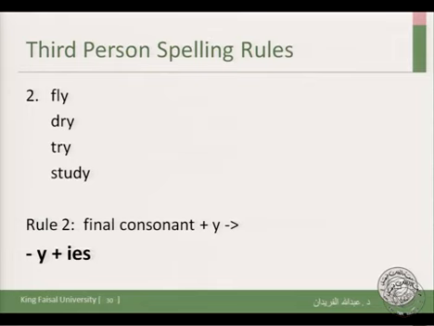These are the vowels. The rest are consonants. So if the verb ends with y and before the y a consonant, we change the y into ies. So the y becomes ies. Fly becomes flies. We delete the y and it becomes ies. Dry, it becomes dries. Try, tries. If you go to the book, you will find all of these rules in the book.